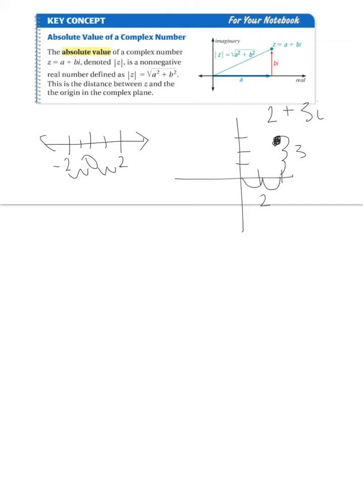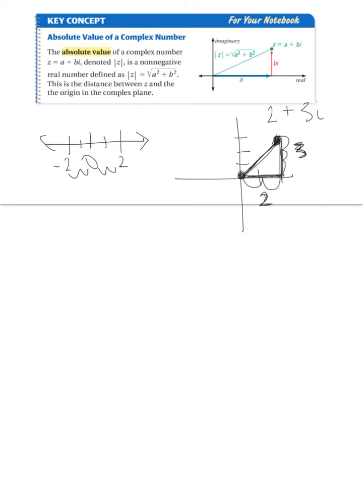So if you remember from geometry, the Pythagorean theorem, that's what's going to come into play here. So I know 2 of my legs and I want to know my hypotenuse, because my hypotenuse is the distance from 0, or the origin, to my point.